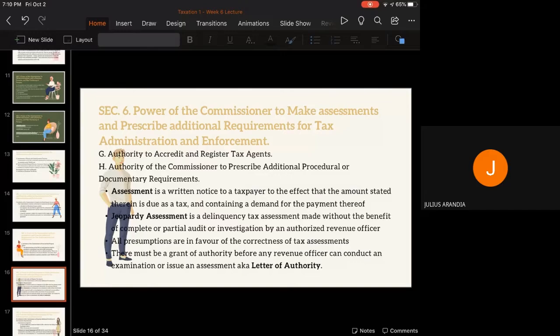Meaning the BIR determined or examined that the return you have filed, or if you have not filed any return, they will determine the amount of tax based on their assessment, which is due, and then demand its payment. When we speak of jeopardy assessment, this is a delinquency tax assessment made without the benefit of a complete or partial audit or investigation by an authorized revenue officer.